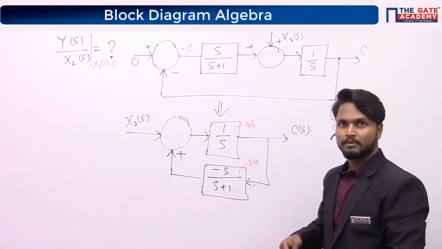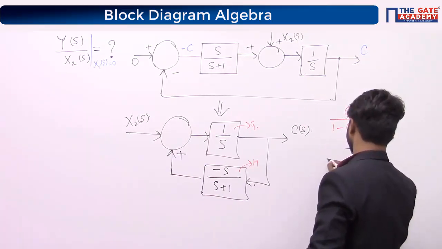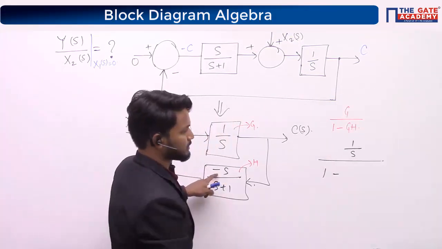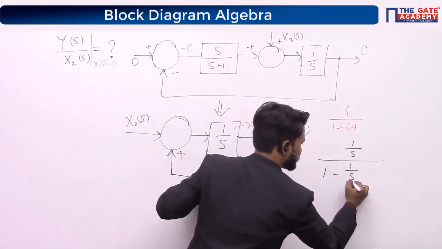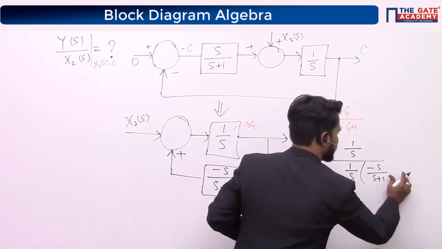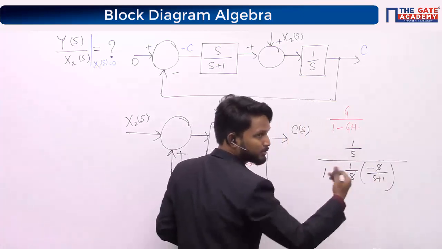So overall transfer function is G. In the place of G you have 1 by s, divided by 1 minus 1 by s multiplied by minus s by s plus 1. So this s and s get cancelled, and minus and minus becomes plus.